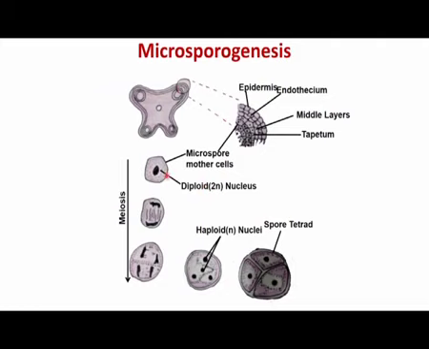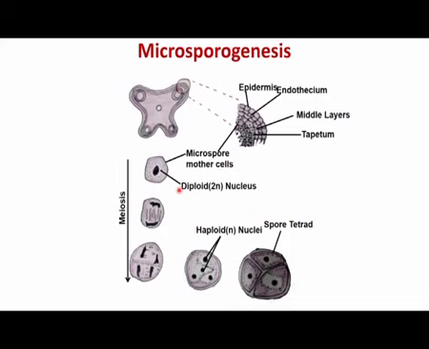Each microspore mother cell has a diploid nucleus, and each microsporocyte then develops an internal layer of callose which breaks the cytoplasmic interconnection between the microsporocytes, and these become separated.